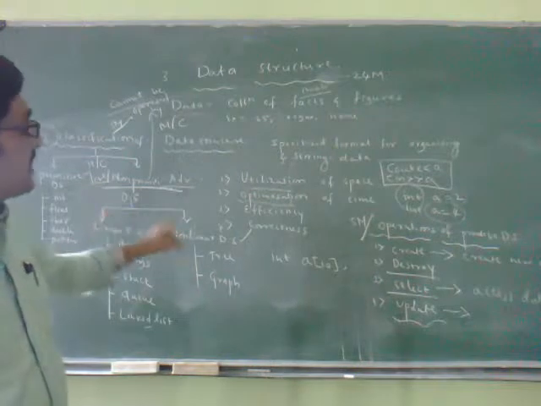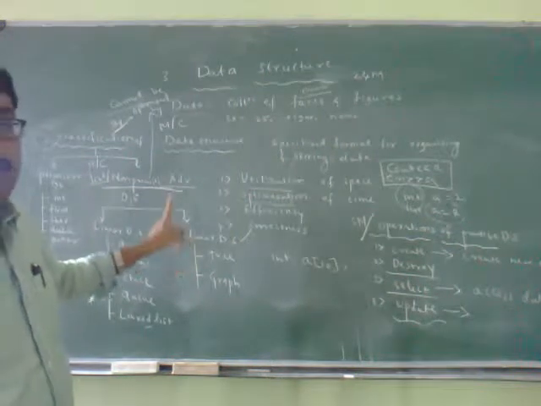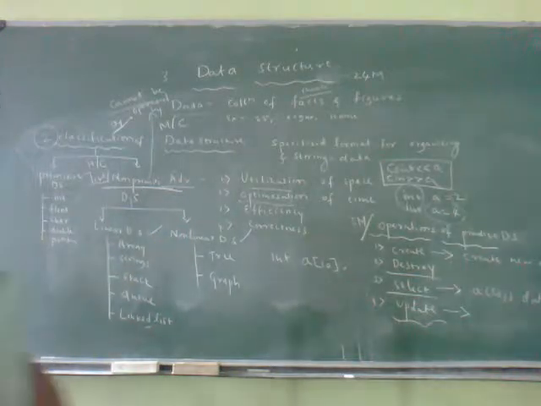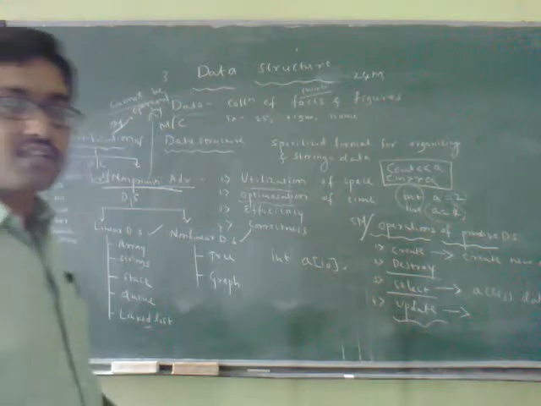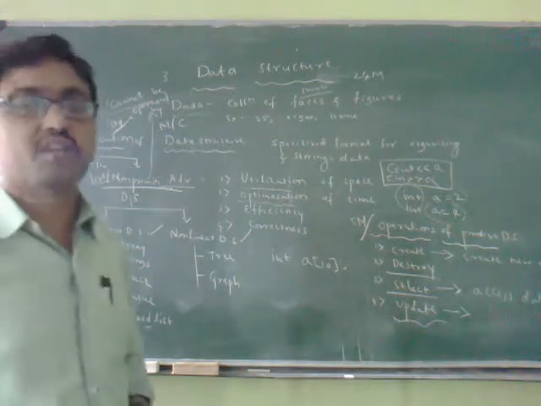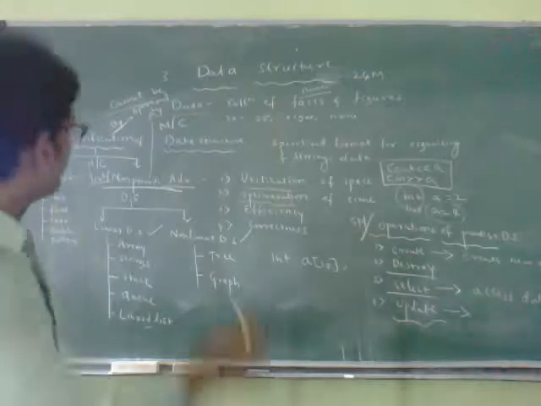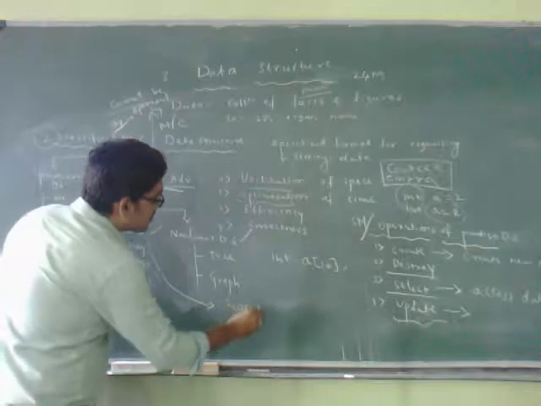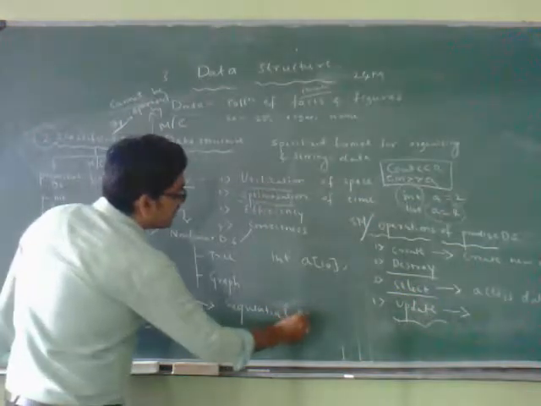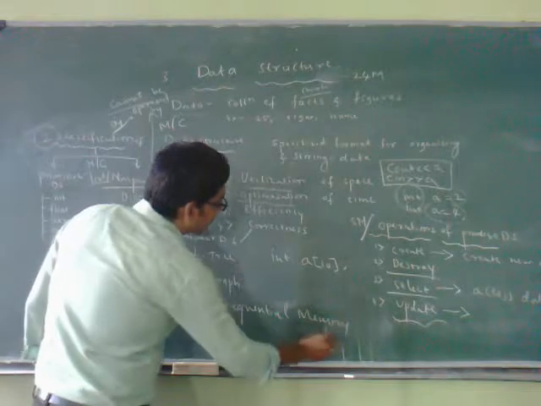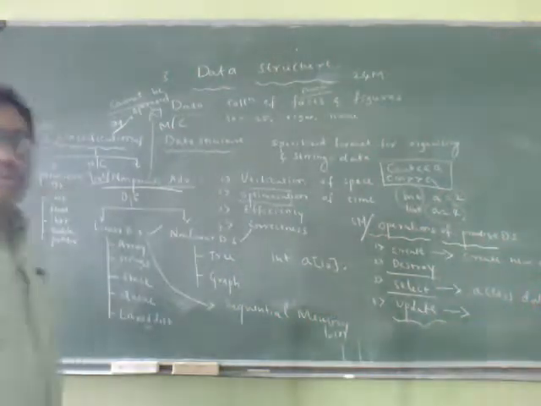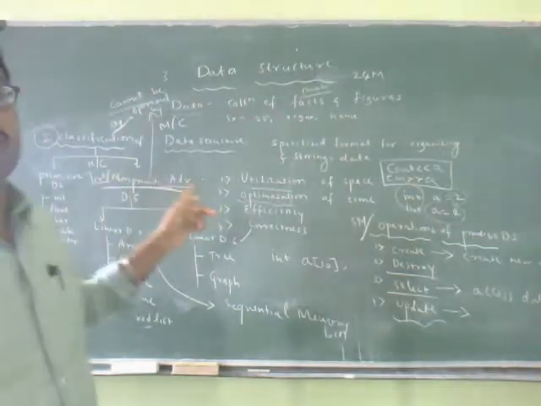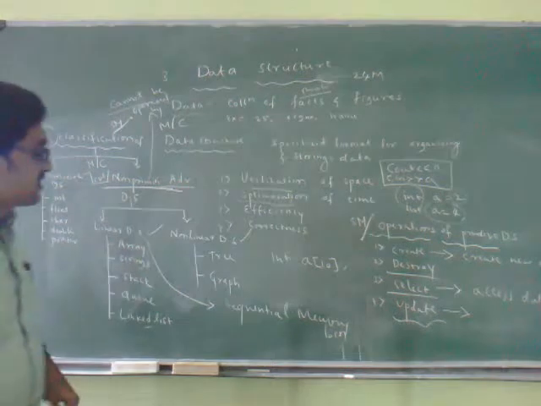A linear data structure is a data structure which has sequential memory locations. An example for linear data structure is the array.